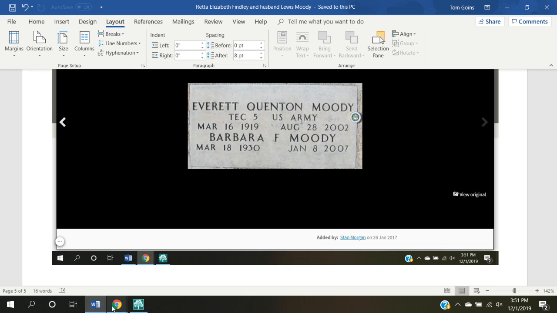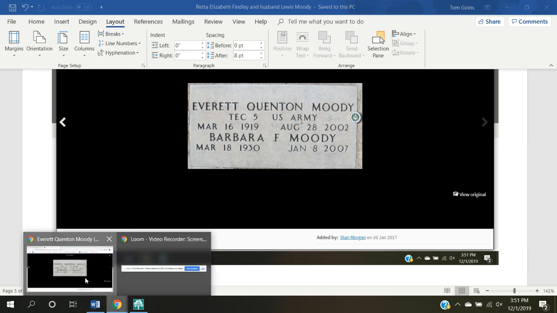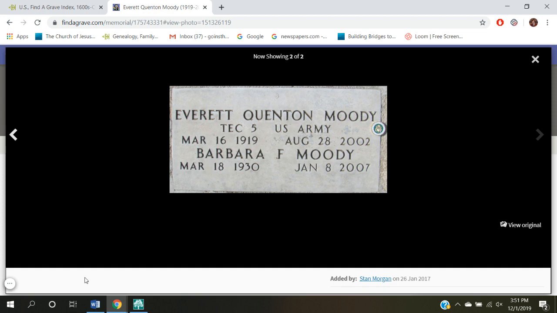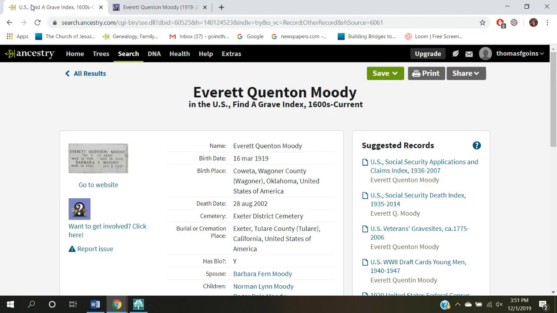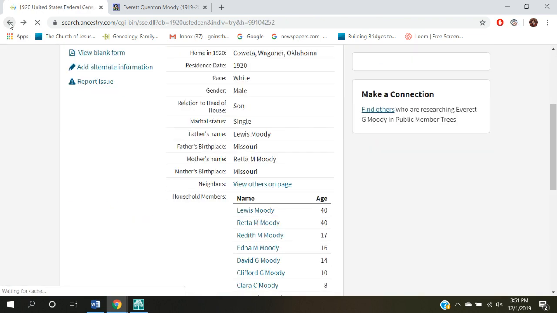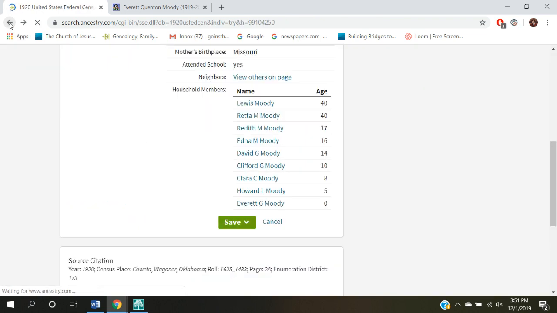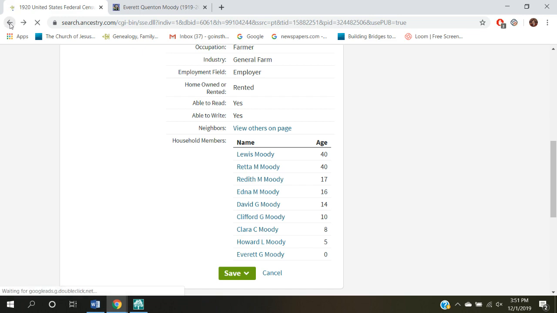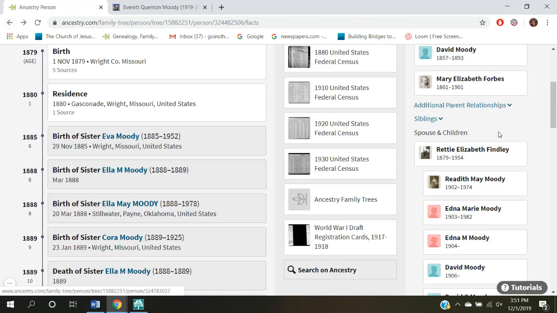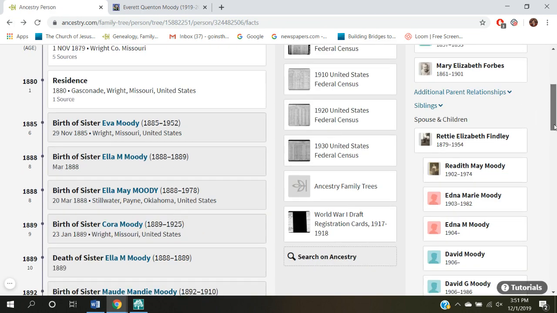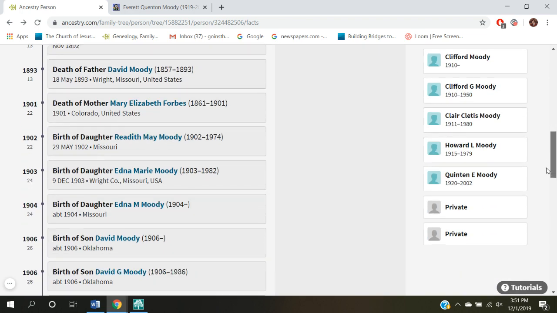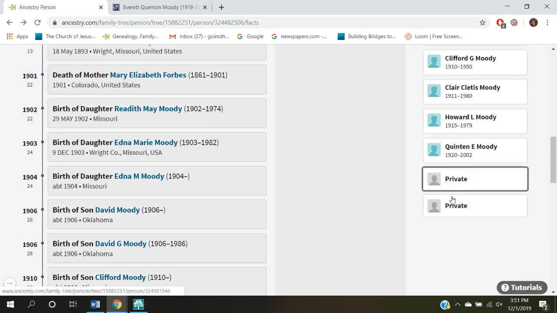And then if you noticed back on the record in the family tree, they actually have two other children listed, but they list them as private, meaning they didn't want to put the name because they may be alive, so they're protecting their privacy. Here's two more children, probably born either in 1920 or after.